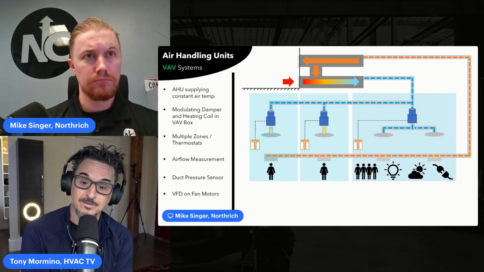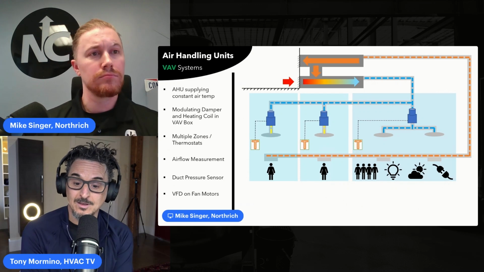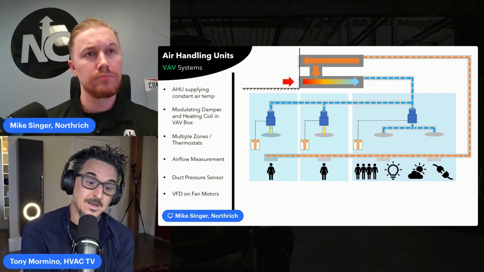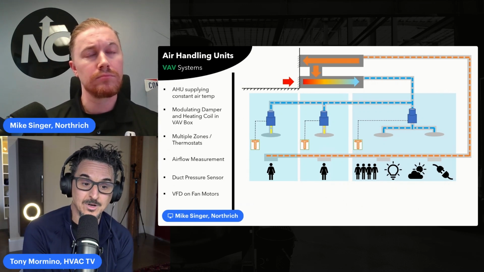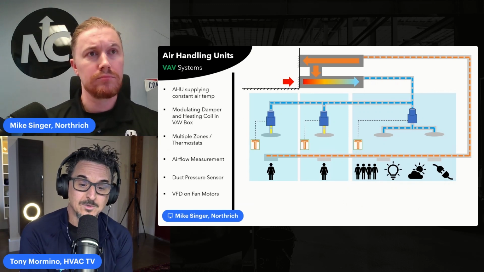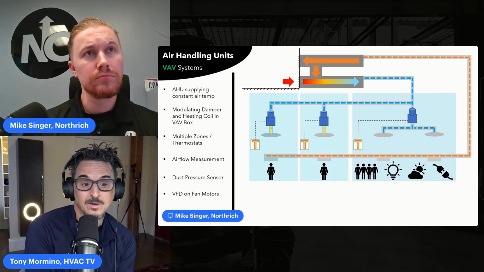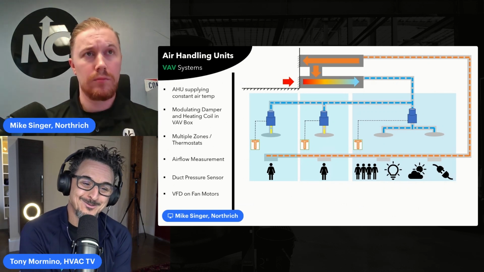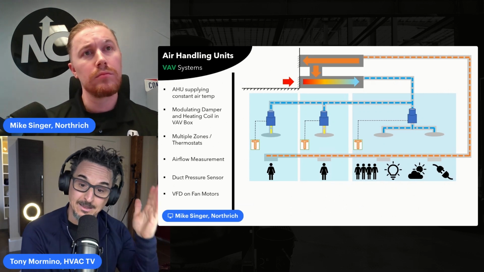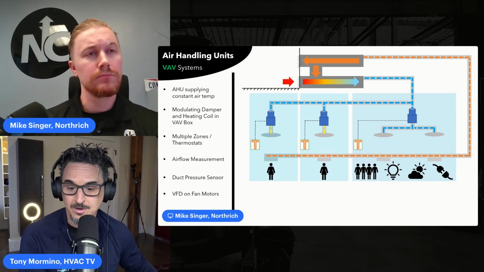But if you're in the Southeast and it's a cool, rainy day, like today, if it's 68 degrees or 70 degrees and it's rainy and you start elevating that temperature, you're going to have some pretty serious humidity issues. So therein lies one of the major problems with single zone constant volume and even multi-zone. So the benefit of the VAV system is you're always locking in at that 55 or even 52-degree air, depending on where you're at.